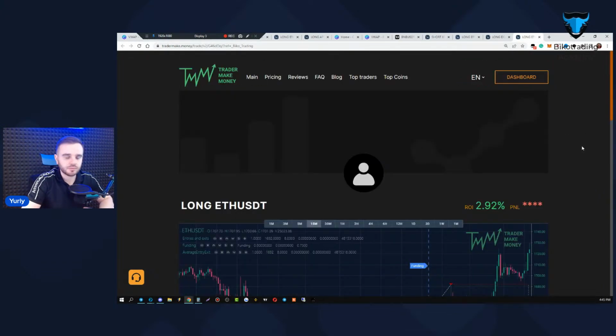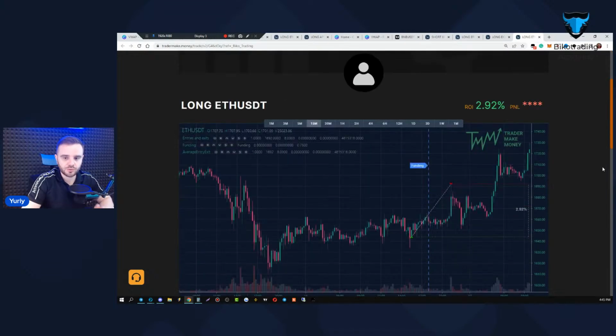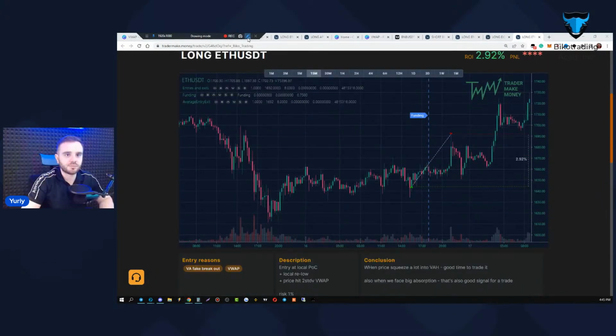That's why, once more, as I told you, VWAP can show you the rhythm of a market. When you see that price is in the middle of a range and you understand the direction, you can take trades out of VWAP. That stuff is called standard deviations.